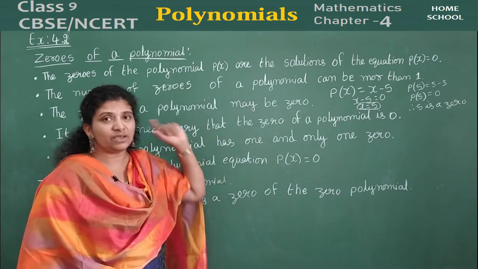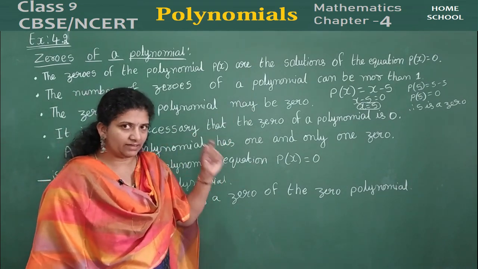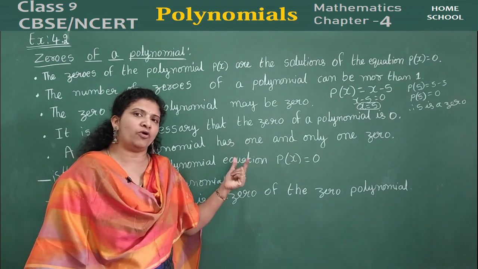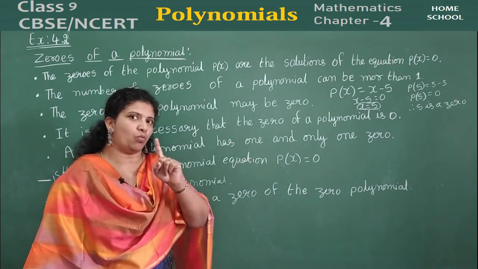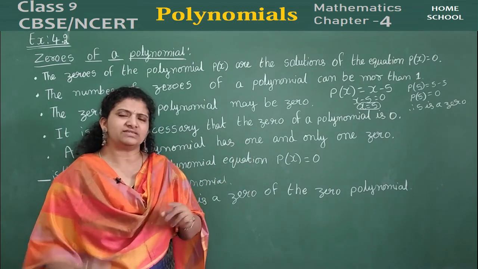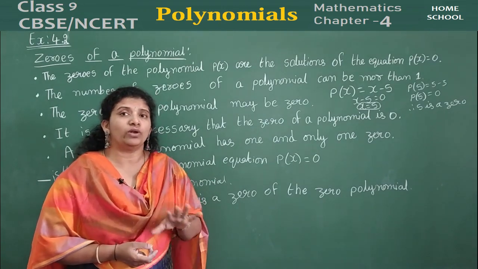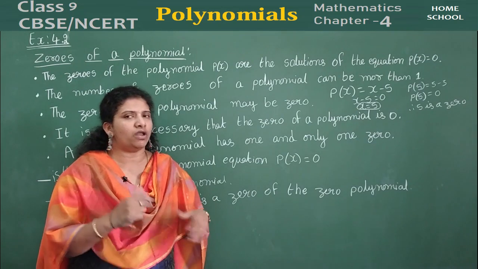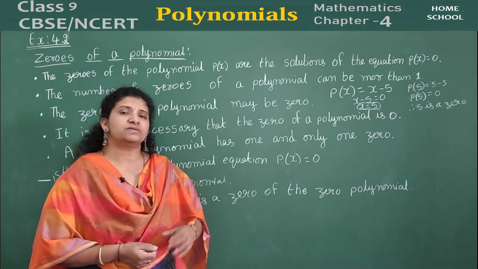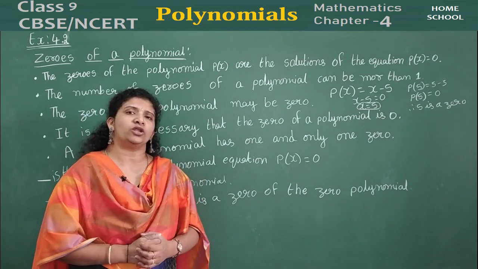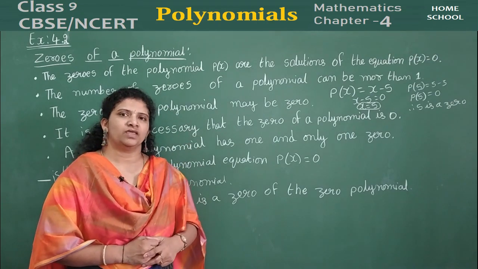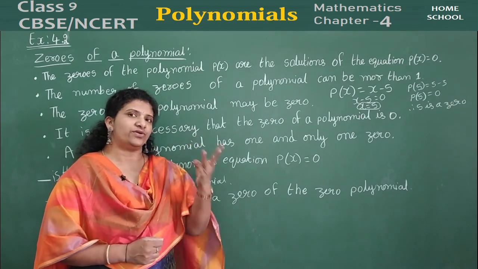Understand the question carefully here. So what is a polynomial? Understand here, if it is a linear polynomial, it will be having 1 zero. 1 zero means it may be any number. Okay, I am not talking about only 0. It may be 0 or any other number it might be. Suppose if it is a quadratic polynomial, 2 zeros. Cubic polynomial, 3 zeros.